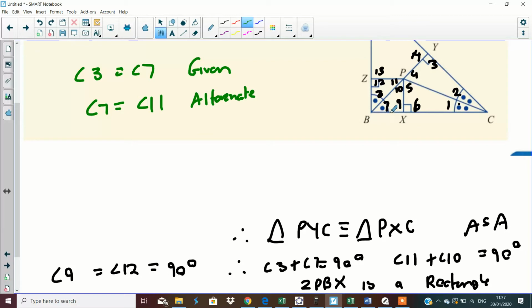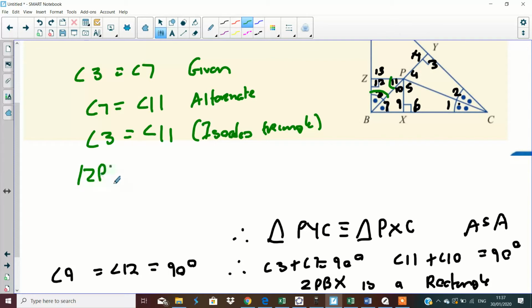Then what we say is this implies that angle 3 equals angle 11, which implies an isosceles triangle, doesn't it? What does it imply an isosceles triangle? That 11 equals 3. And because it's isosceles, what does that mean? That means said P must equal said B.